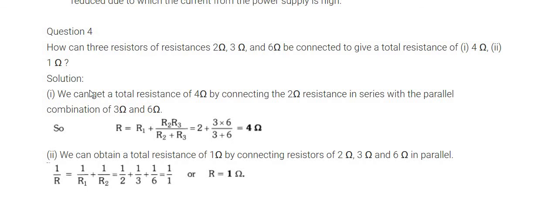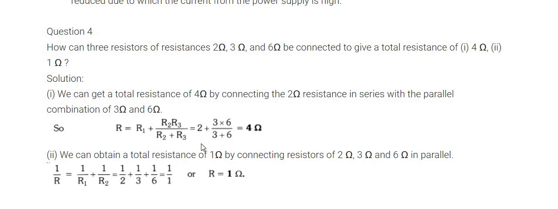The first one: we get the total resistance of 4 ohm by connecting R1 in series with the parallel combination of the 3 and the 6 ohm. Let's see. R is equal to R1 plus R2 R3 divided by R2 plus R3, where R1 is 2, and R2 and R3 are in a parallel connection.